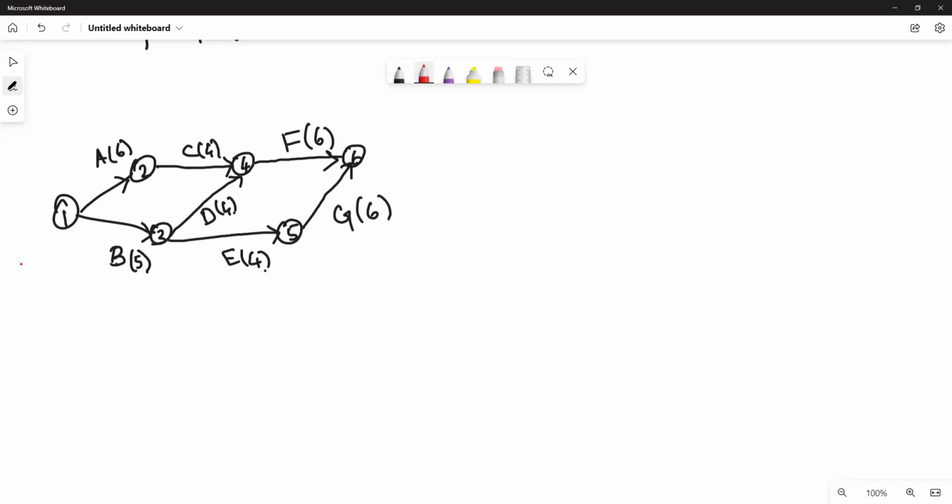Next, we have to find the earliest starting time and latest completion time for each of the nodes. Let us find them by the method of forward pass and backward pass. So how to find them for each activity?